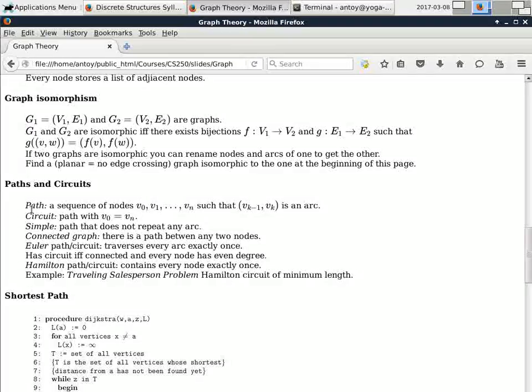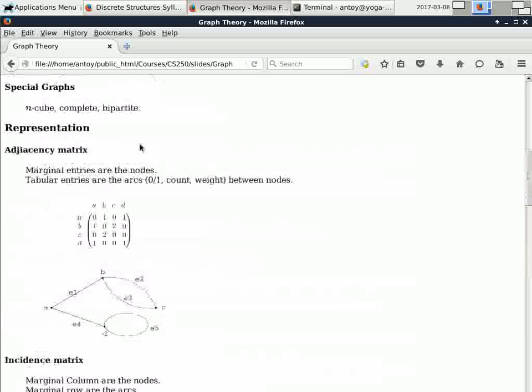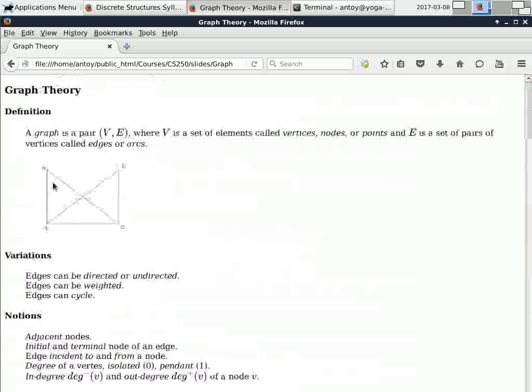So, should we look at a cycle here? From A, I go to D, to C, and to B. This is a path. I cannot go from A to B to C to D. This is not a path, because there is no edge between A and B.